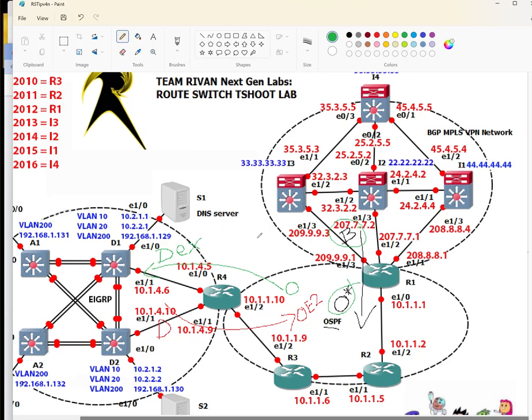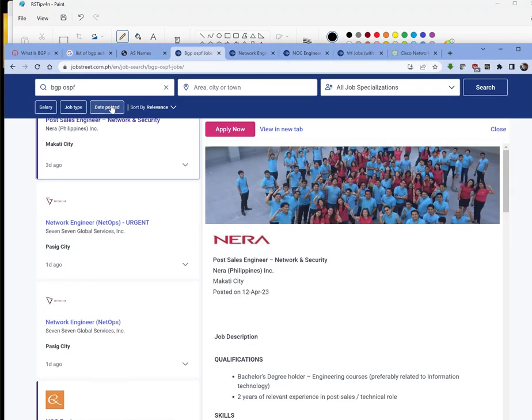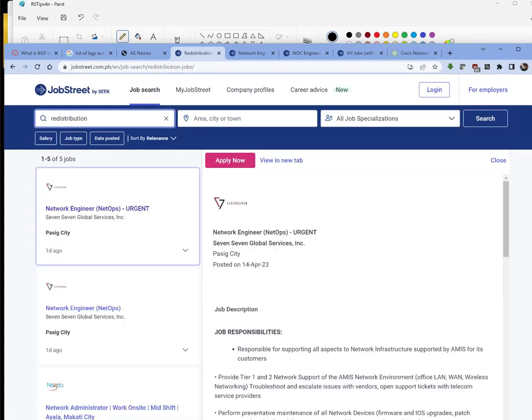So let me just write that. It's called two-way route redistribution. So if you are asking, do you need those skills for jobs? Just watch. Redistribution. So they have several postings here.